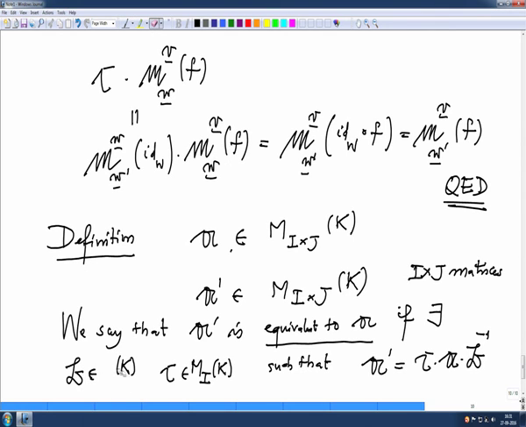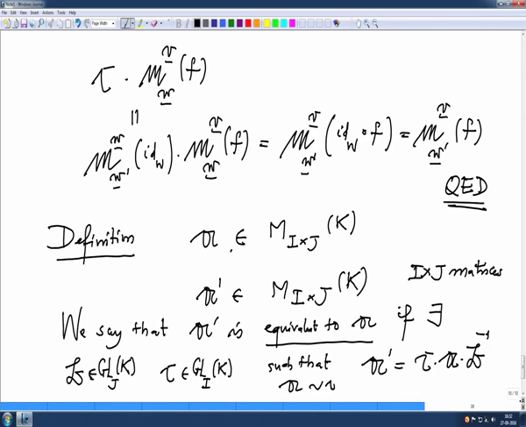So GL_J and GL_I. Immediately after that I will say this is also sometimes related by A equivalent to A prime, and A prime equivalent to A. When we come back after the break, we will check that this is an equivalence relation.